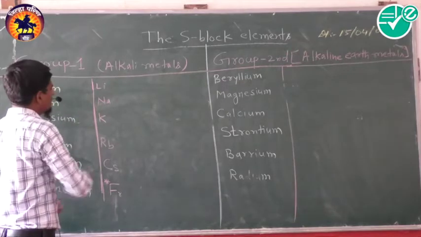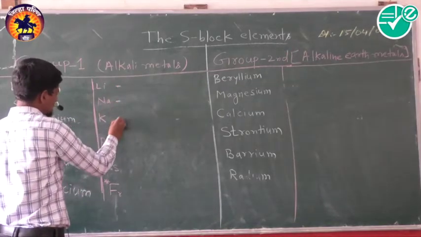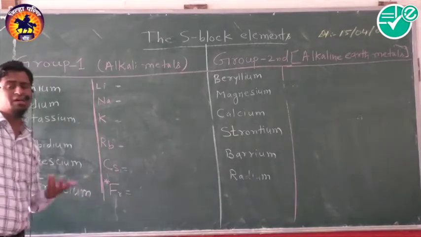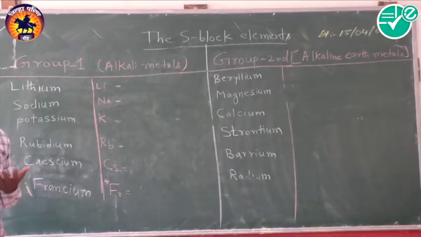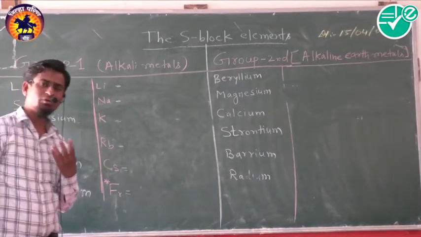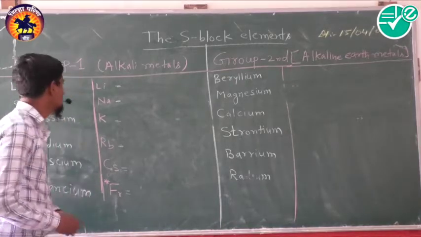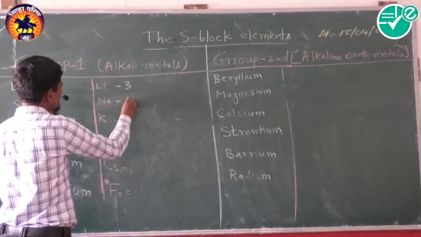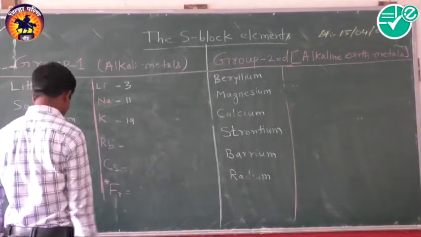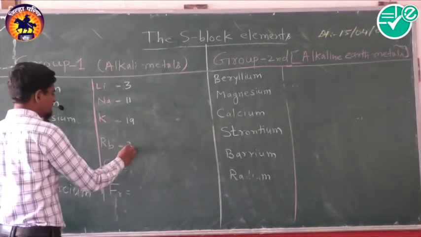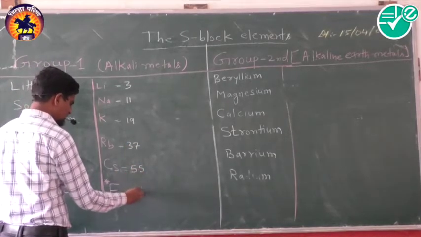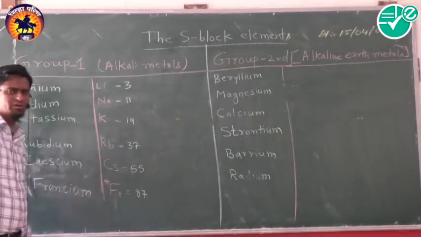Now see the atomic number of these elements. I hope you remember the whole periodic table with atomic symbols, atomic numbers, and their particular places. So lithium is 3, sodium is 11, potassium 19, rubidium 37, cesium 55, and francium is 87.